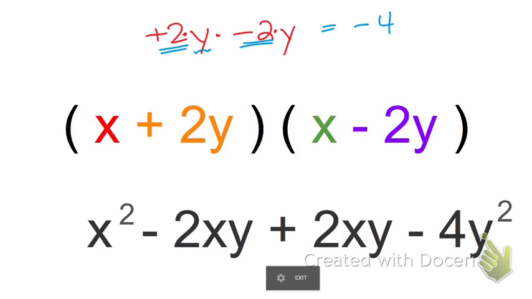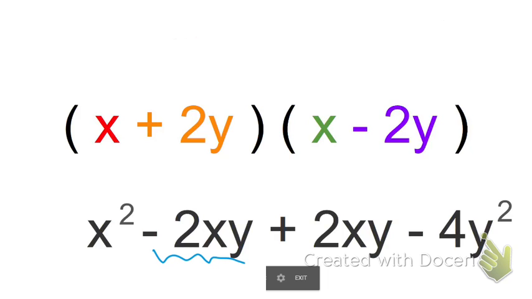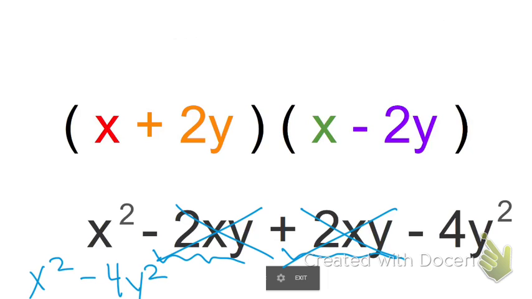And then you multiply the variables. Y times y is y squared. So that's how I got that negative 4y squared. The last step after you've done your 4 little multiplication problems is to combine your like terms. If we have negative 2xy and we add 2xy, those cancel out. So we're left with x squared minus 4y squared.